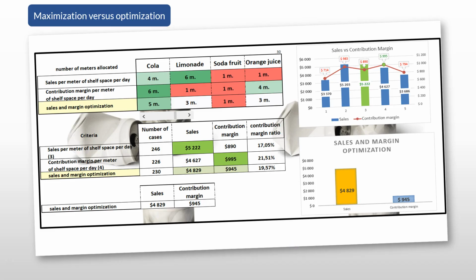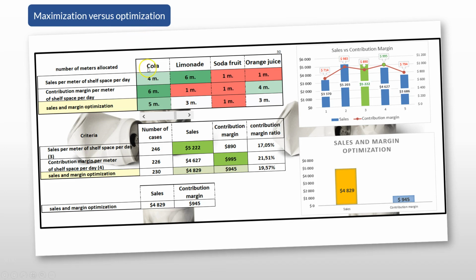In order to conclude that exercise, I wanted to present you a different perspective, and instead of thinking in terms of maximization, we can also try to make an optimization, which would be to find a compromise between getting the maximum contribution margin or getting the maximum sales.